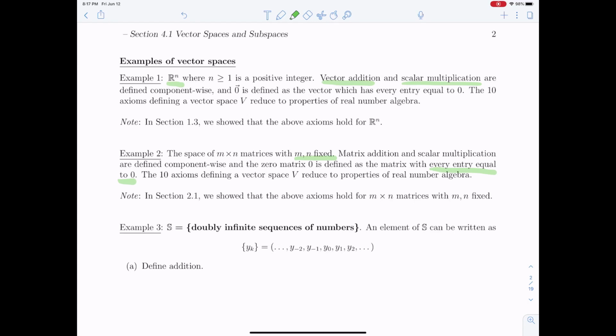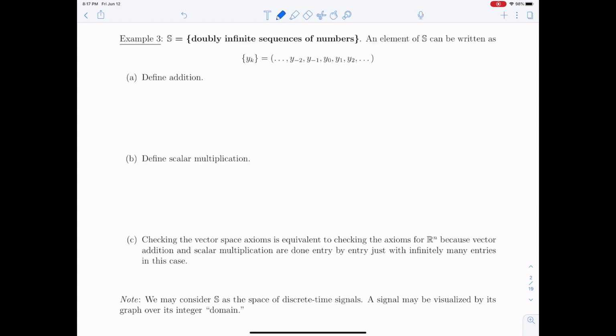Okay, so consider the set S to be the set of doubly infinite sequences of numbers. This means an element of S is given by y sub k, where y sub k is a sequence that goes all the way in both the right and left directions.